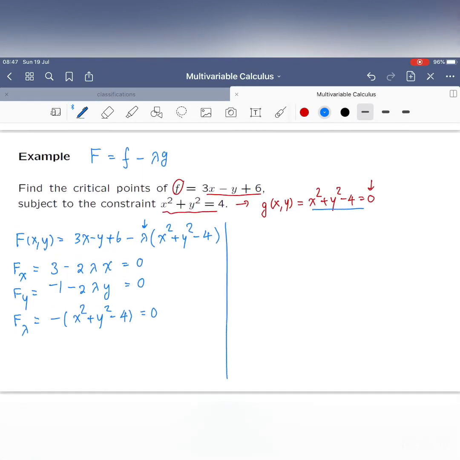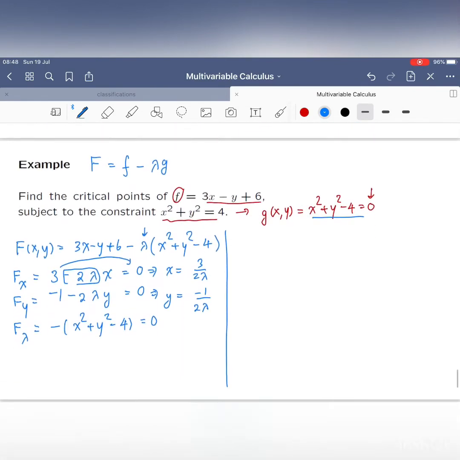So for example, from this one, you can say that your x is 3 over 2 lambda. You just move the 3 and then divide by negative 2 lambda. On the same token, your y is negative 1 over 2 lambda.